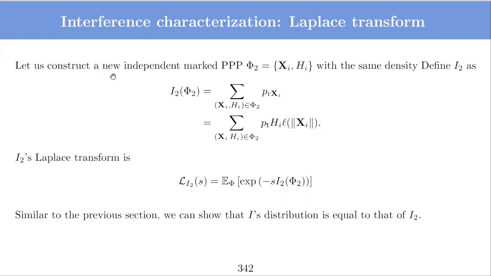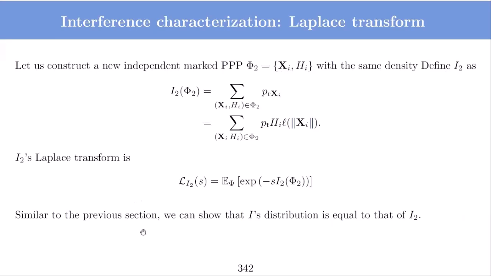Again, what we do is we construct a new independent marked Poisson point process Phi with the same density, and define I2 as the received power from all those base stations, all those transmitters, given in the following way. And the I2's Laplace transform would be given as this one.